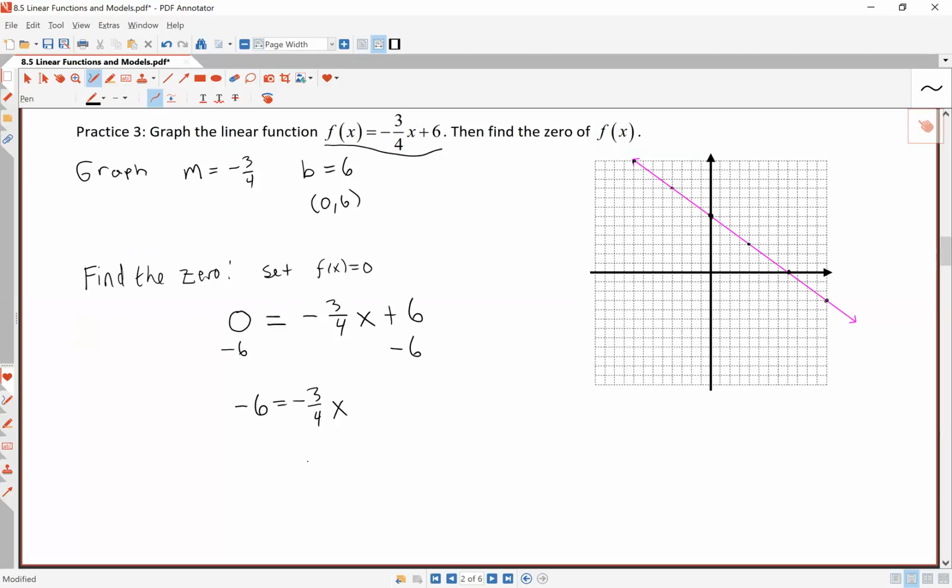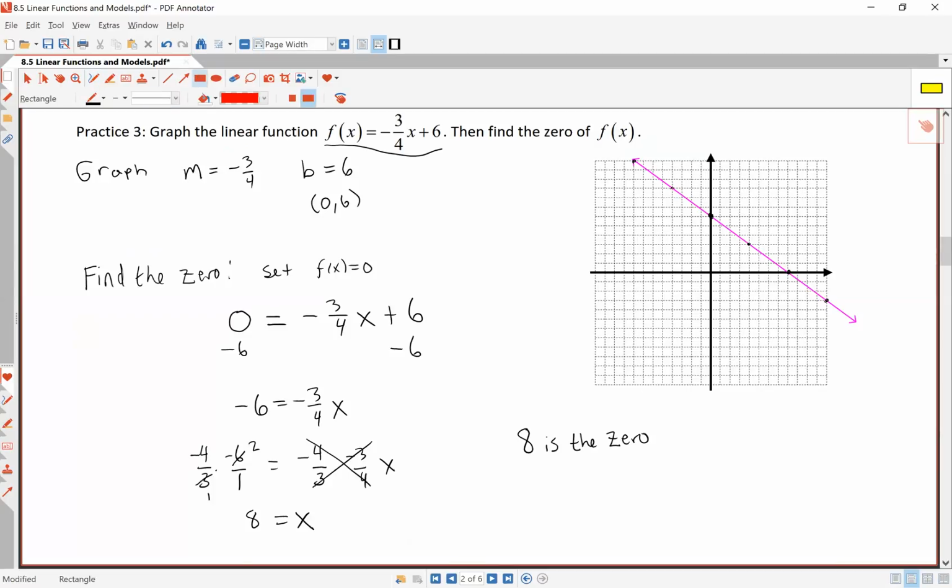And now we multiply both sides by the reciprocal. This gives us x by itself. 3 goes into 3 once, into 6 twice, and negative 4 times negative 2 is 8. So 8 is the zero.